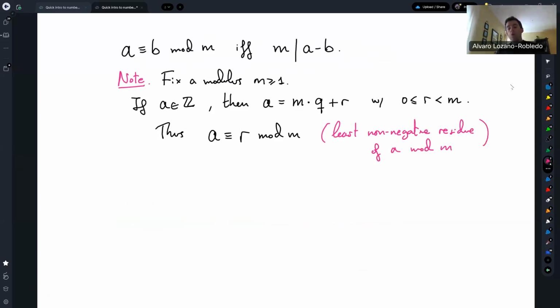Okay, so we used that in the previous videos to find the congruence classes of some numbers, and let me show you this again.